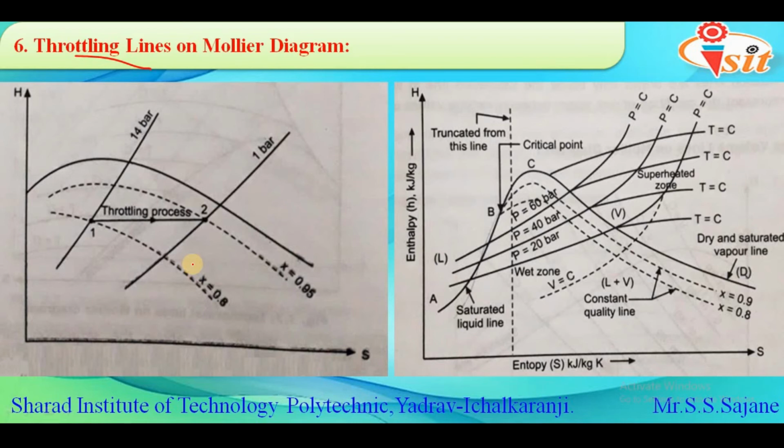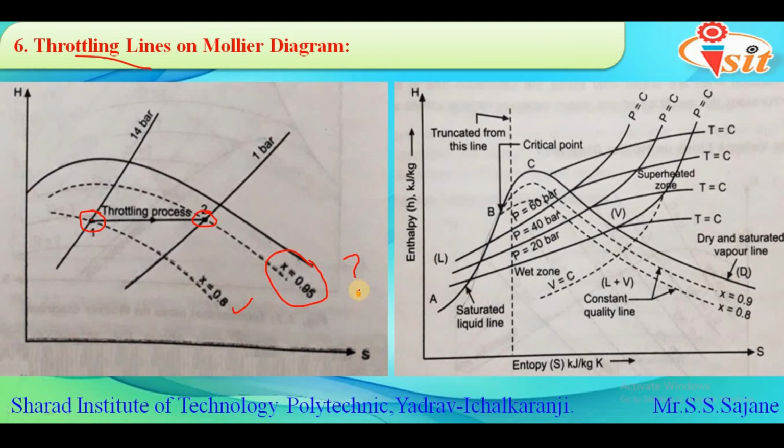If we have the values of pressure and the dryness fraction, consider again the left hand side diagram: steam is expanded from an initial pressure of say 14 bar to a pressure of say 1 bar, and the steam is 80% dry, meaning x equals 0.8. With such data, the pressure values and the initial dryness fraction, we can easily find the dryness fraction of the steam at the final stage or at the end of the process.